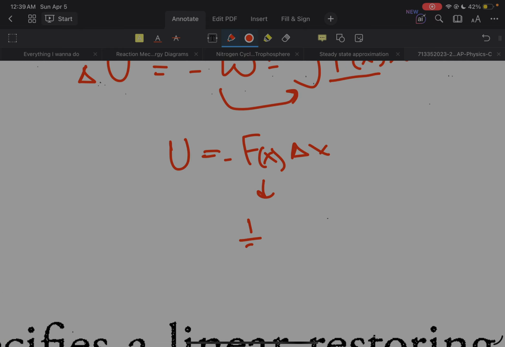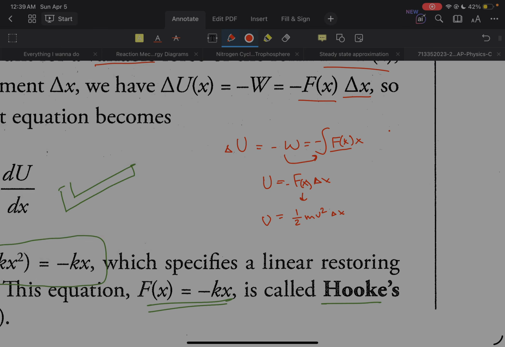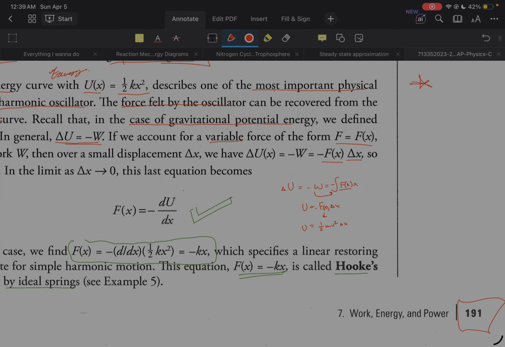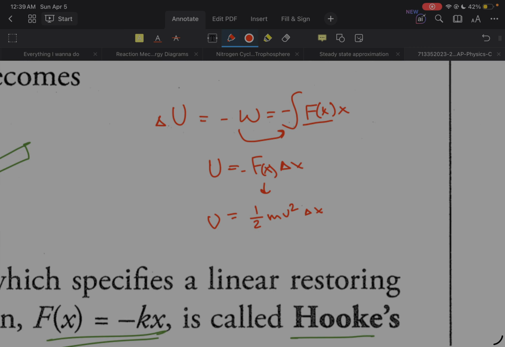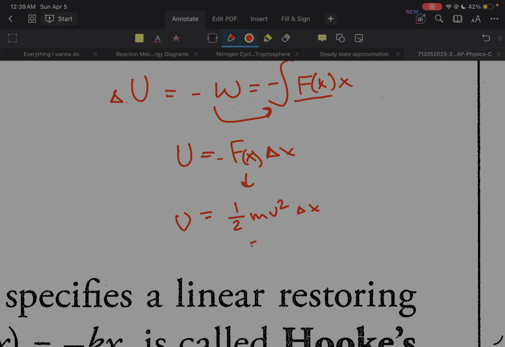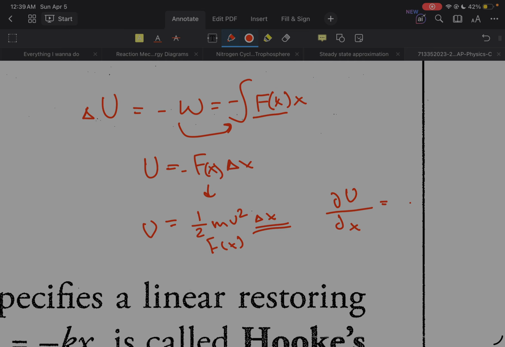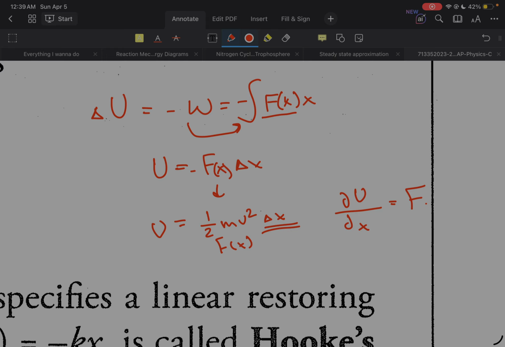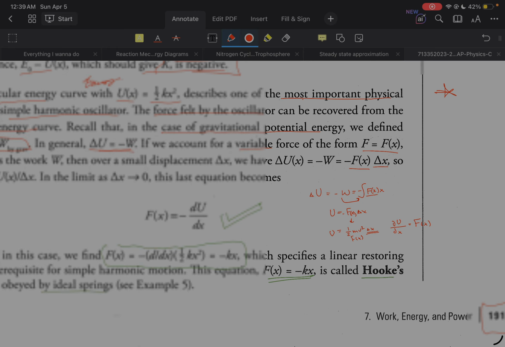And then putting this all together, we get negative force times change of x, and then plugging this in with 1/2 v squared, change of x, so delta U. Simply keeping this f of x, actually, I guess that's what they do. Put this over, these are the small changes. So we can take the derivative and we just get dU/dx is equal to f of x.